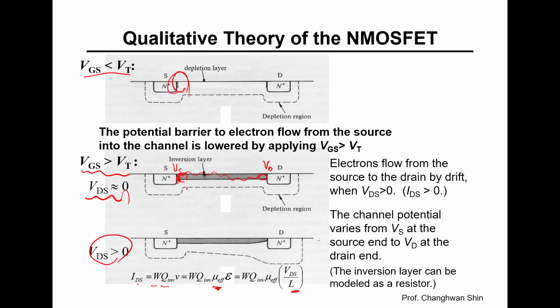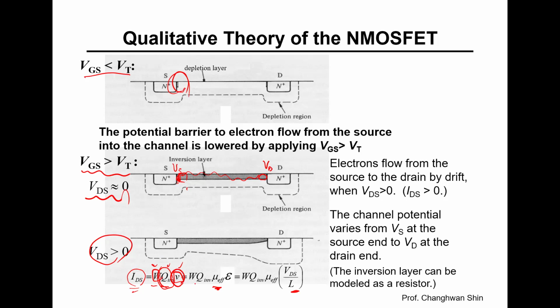So here, the drain to source current is proportional to the channel width and how fast the electrons can move between source and drain, and how much carriers are conglomerated in an inversion layer, denoted as Q sub inversion. So these three terms will determine how much drain to source current can flow.